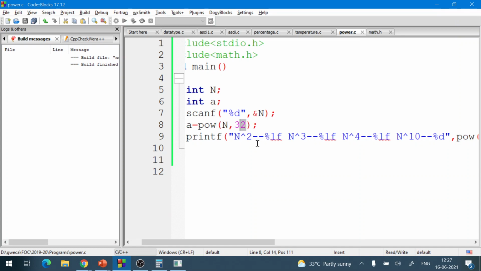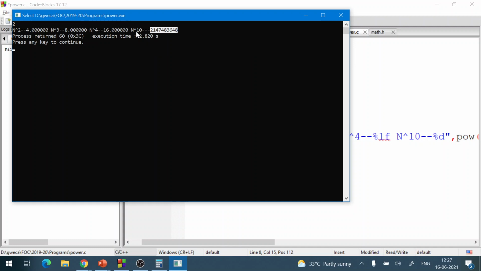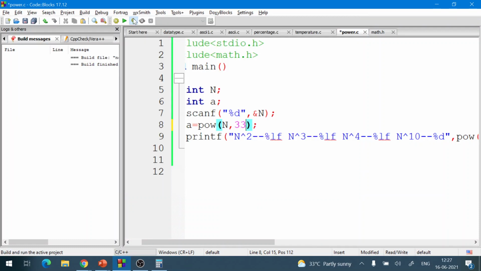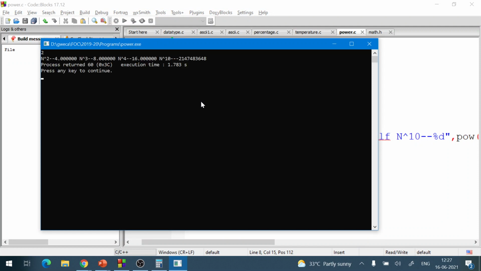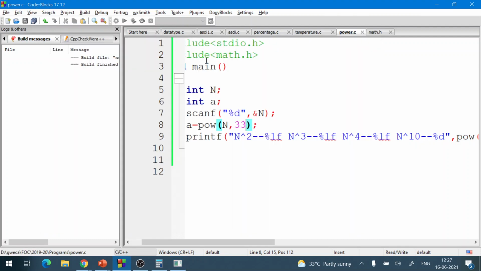Now let us observe one more thing. If I do n raised to power 33, now see, n raised to power 33 is not changing the answer. Is it the same answer that was available earlier? Now n raised to power 32, or do it plus 3.